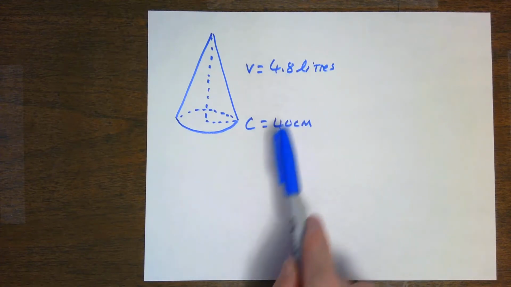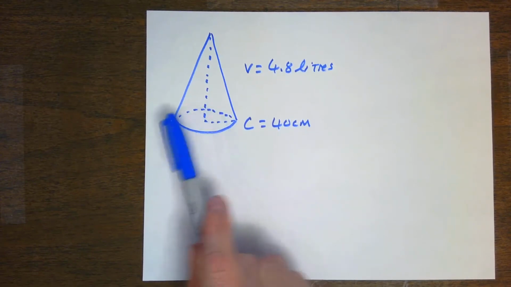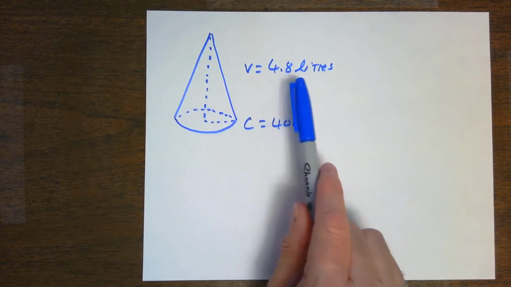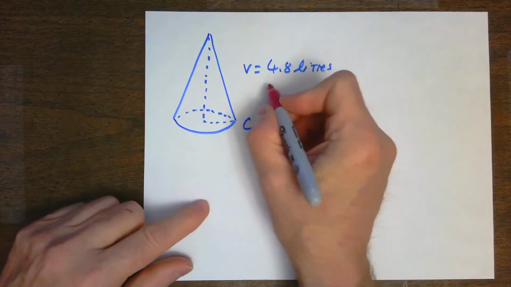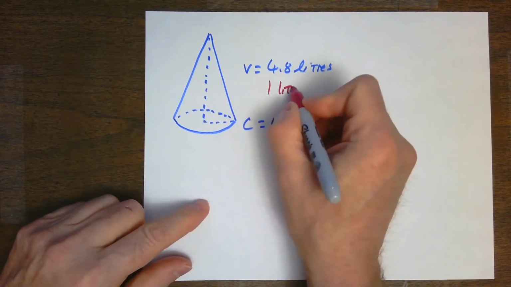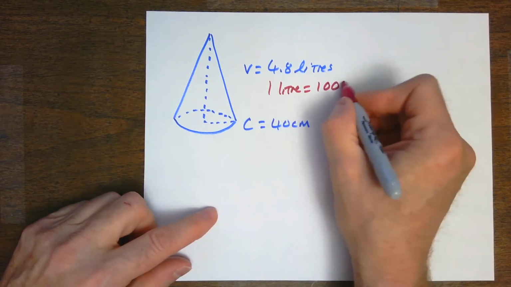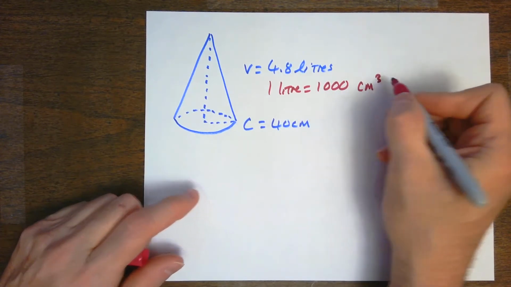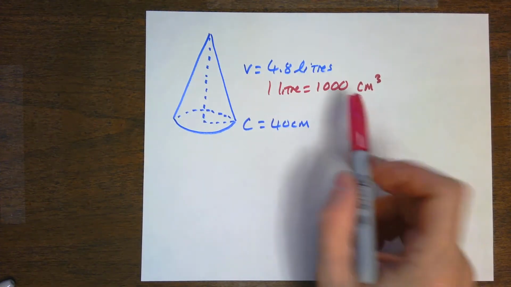For example, I know I'm going to deal with centimeters here, the circumference. I'm going to work backwards to find the radius and all that other good stuff. But 4.8 liters, do we know how many cubic centimeters that is? Well, 1 liter equals 1,000 cubic centimeters. So 4.8 liters is going to be 4,800 cubic centimeters.